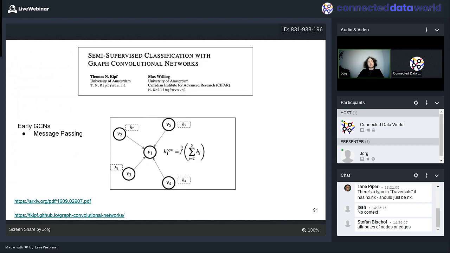Each of those nodes can send an update to its neighbors, and that can already include some notion of a feature. So this might be a particular feature, and there we are coming to Josh and Stefan's point that we can now take more context into account, and then we update our latent representation, h1 new, based on some aggregate function. It could just be a sum or something else, but basically we want to aggregate all the messages we have received.